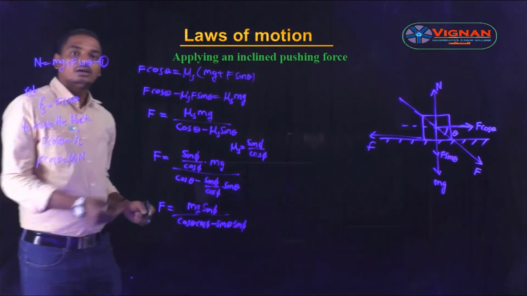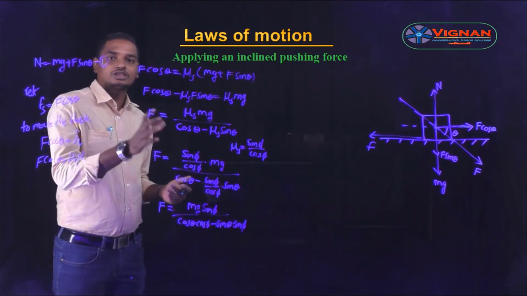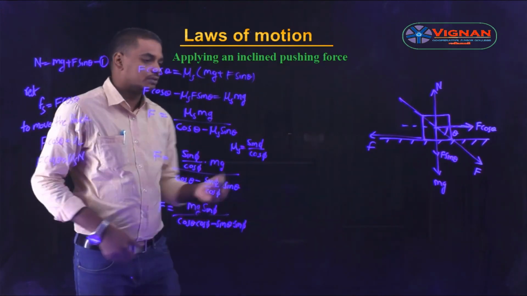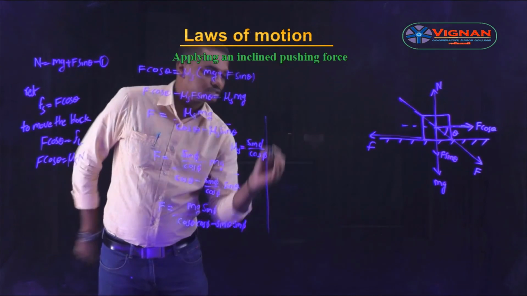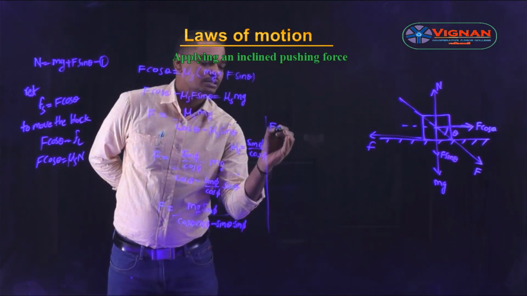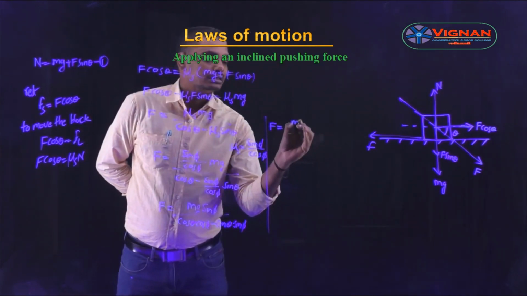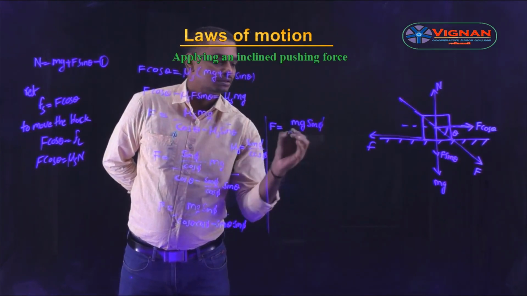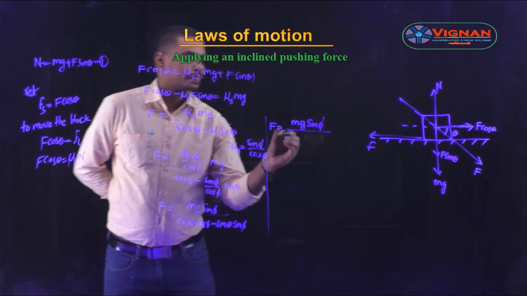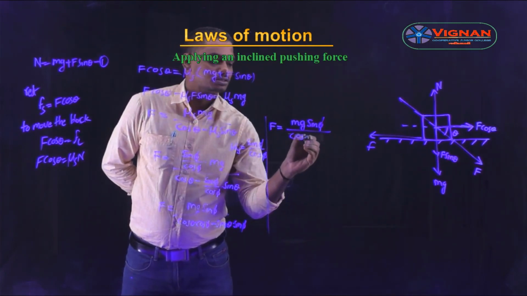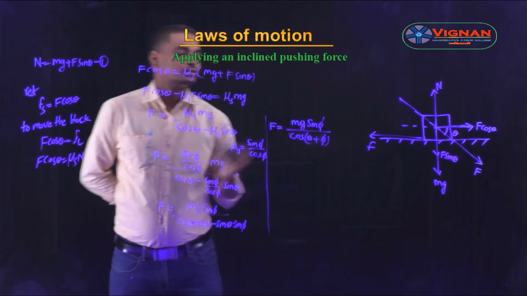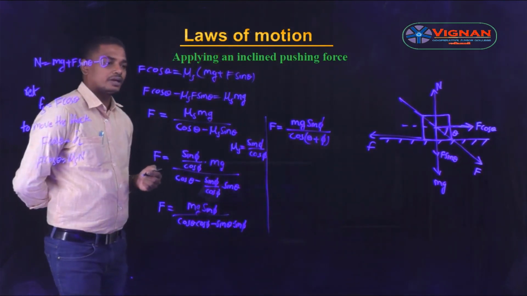We know that cos A cos B minus sin A sin B is cos of A plus B. So the force equation can be written as F is equal to mg sin phi divided by cos of theta plus phi.